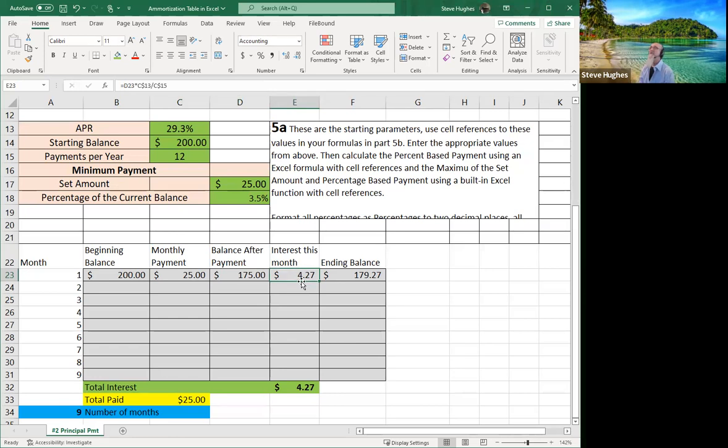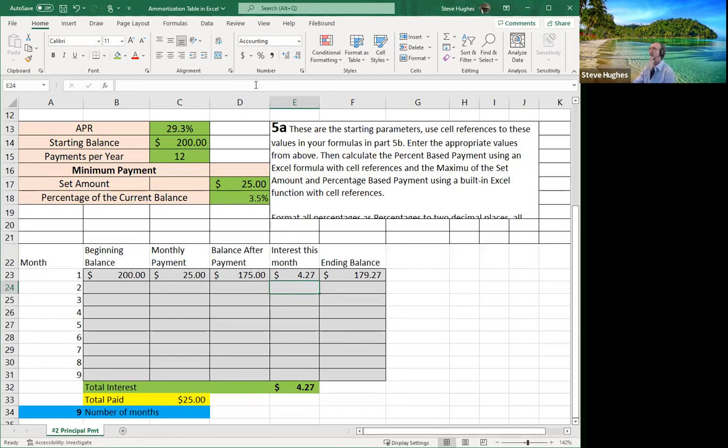You can see I'm taking the $175 and multiplying it times the 29.3%, but that's an APR, so I divide it by 12, which is C15, because that's going to make it a monthly rate. So that is my interest. It's a simple interest for 1 month. It's $4.27.